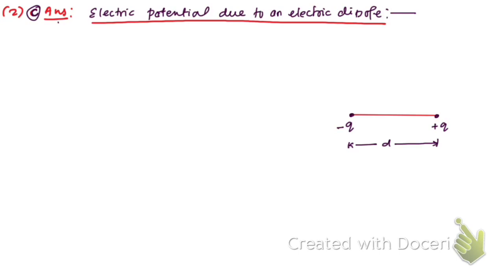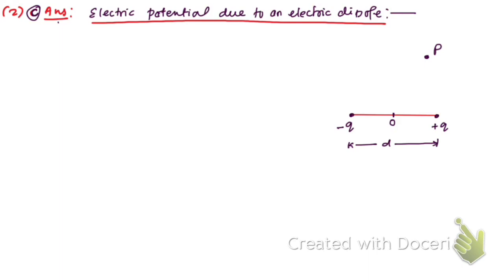Suppose we need to find the electric potential at a point P, and we have the origin at the midpoint of the line joining negative q and positive q.